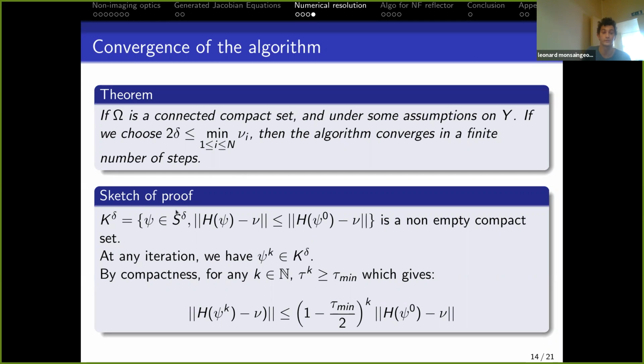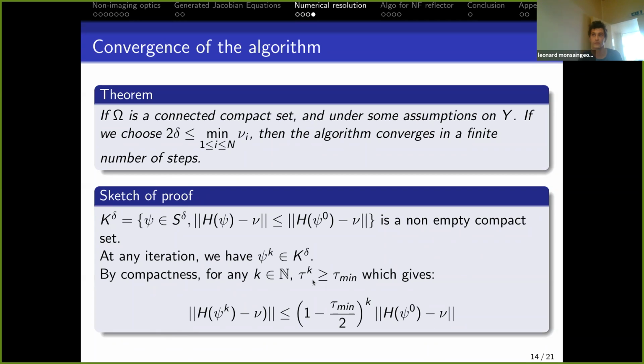If we define all the variables that are in my admissible set and which have a decreasing norm, then it is non-empty and compact. And since my parameter tau can be shown to vary continuously in psi, I can bound it below on my compact set, and so I obtain linear convergence for my damped Newton algorithm.